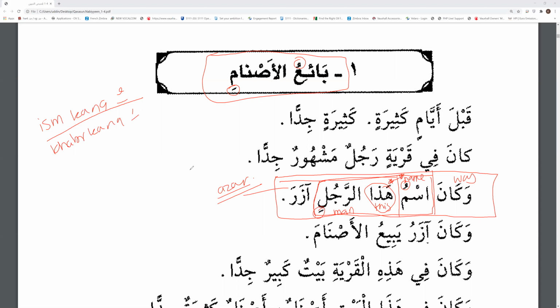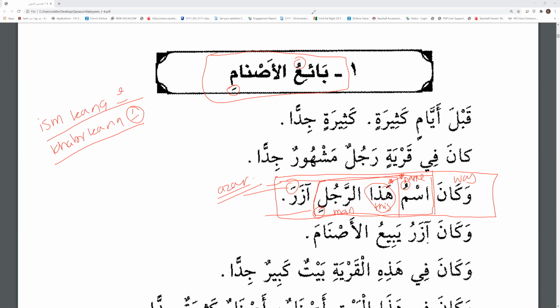But test it. Prove it to yourself. How does the khabar of kana reflect? Nasb. Fatha. Yes, there you go. You've just proven it to yourself.